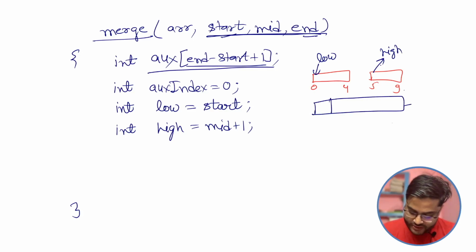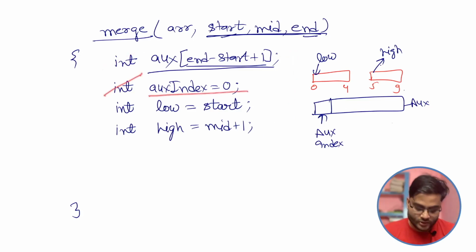This is our auxiliary array, and this is the first index of our auxiliary array. So we want to compare these and move the smaller one to this element, so it will be stored at our auxiliary index. So till now we have taken 4 things: our auxiliary array, our auxiliary index, low, and high.